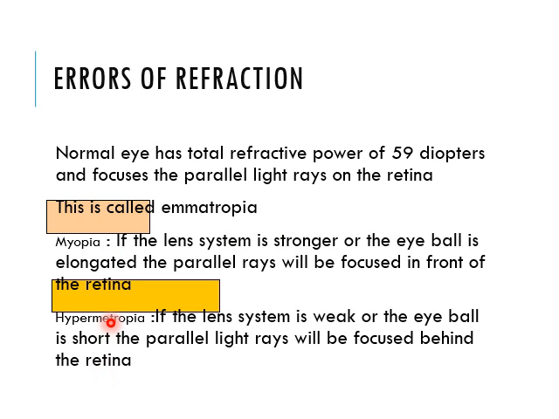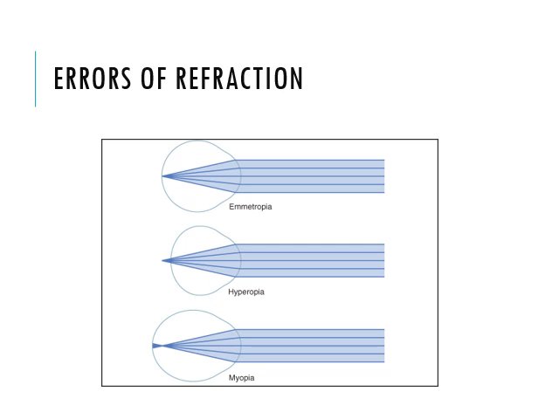Now, farsightedness or hypermetropia: in this, the lens system is so weak, or the eyeball so short, that the parallel rays of light are focused behind the retina. You can see here in the diagram, this is emmetropia, where the focus is right on the retina.